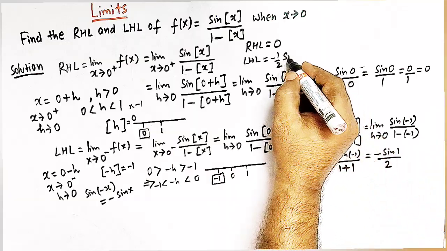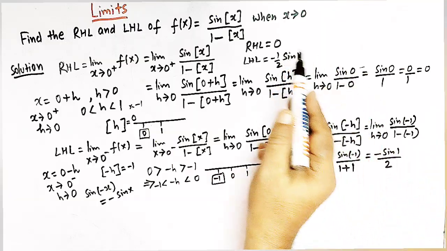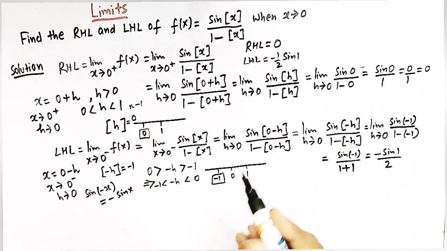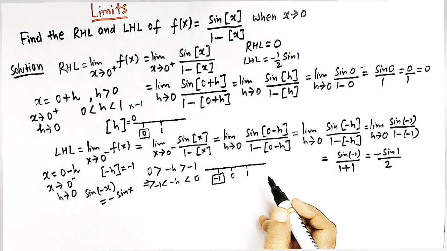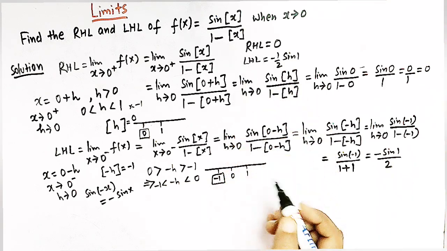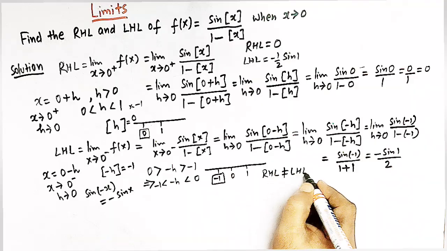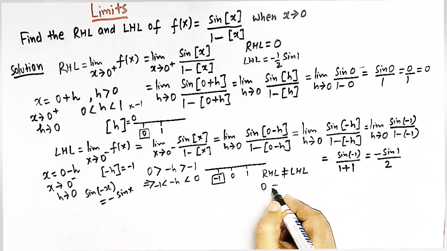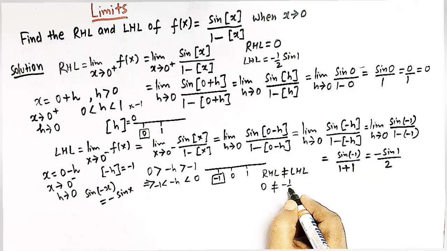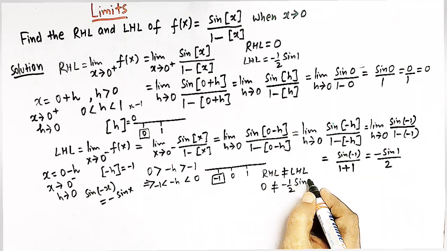From this discussion, we can easily conclude that the right hand limit is not equal to the left hand limit, because 0 is not equal to minus half sine 1.